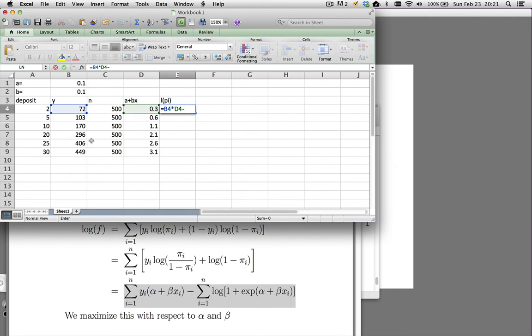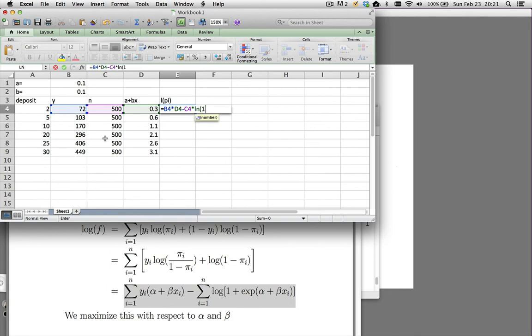Now we're going to subtract off the second term, which is the sum from 1 to n. In other words, this is going to be 500 times, 500 being that n value. Now in Excel, the natural log function is ln.